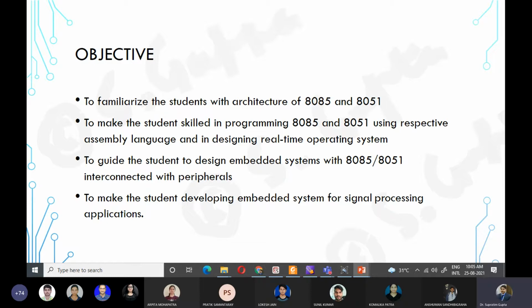You should be able to visualize the architecture inside these processors, understand the codes and instruction sets, and develop your circuits there. We also want to make you skilled in programming 8085 and 8051 with their respective assembly language. Now, this assembly language varies from processor to processor.